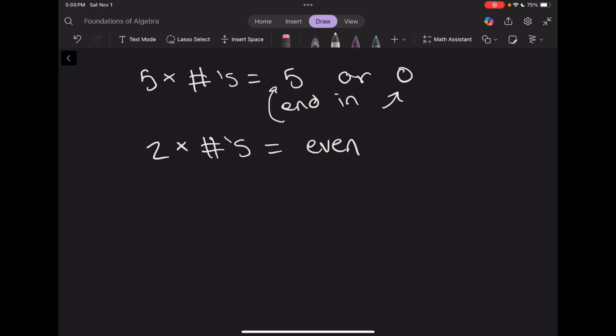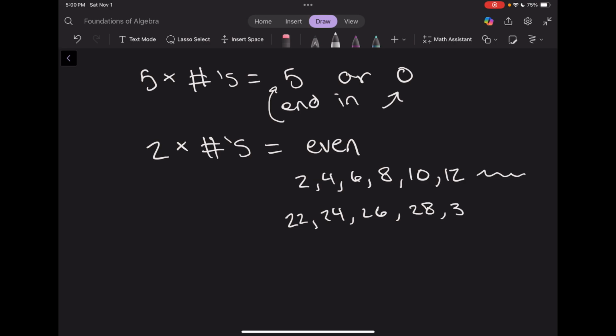Even numbers look like 2, 4, 6, 8, 10, 12, and so forth. Let's go to 20s, we're going to have 22, 24, 26, 28, 30. So they're always going to have these numbers in them.